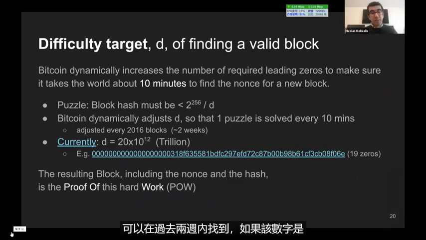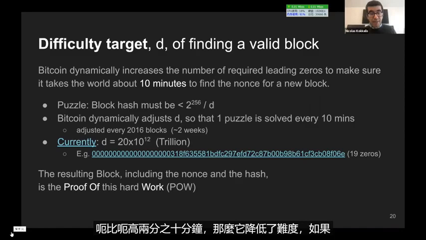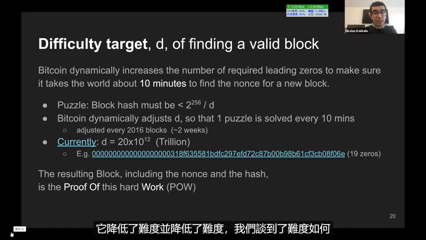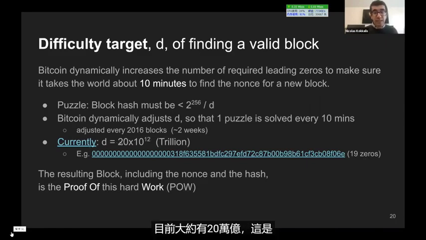If that number was higher than 10 minutes, then it reduces the difficulty. If it's lower, it increases the difficulty. And we talked about how the difficulty currently is on the order of 20 trillion. And this is the number of zeros that we need right now, 19.